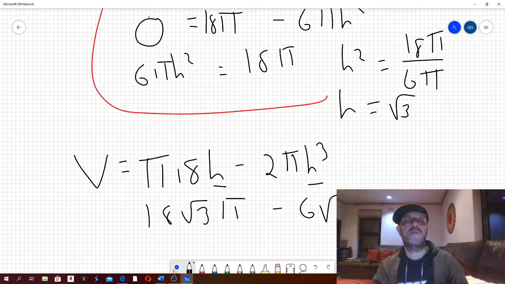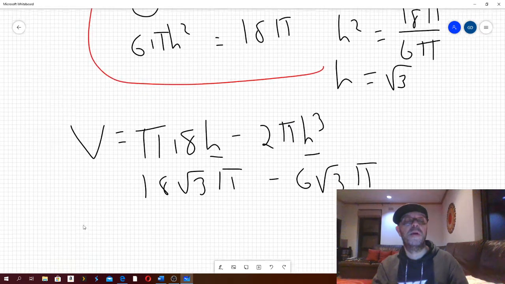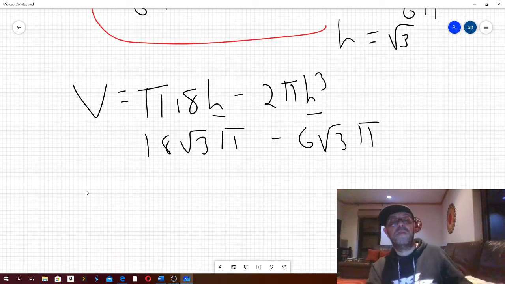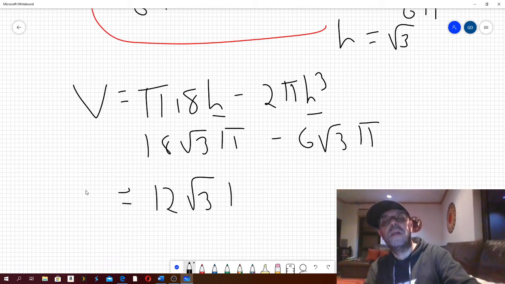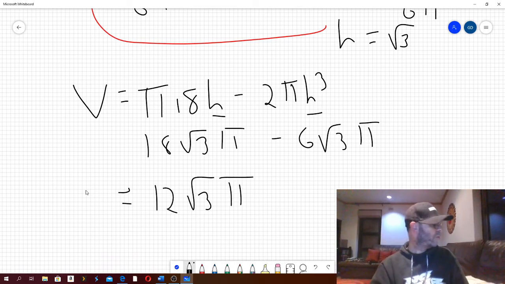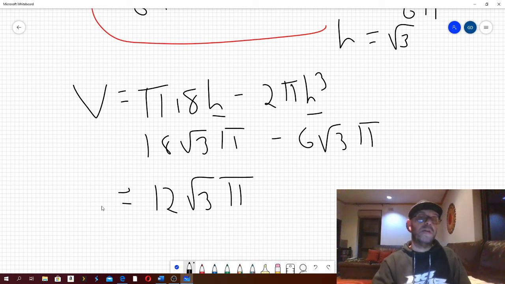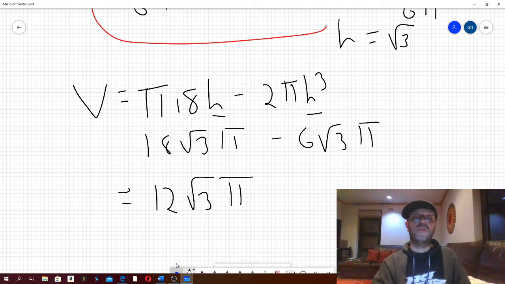Okay, so 12 root 3 pi is our volume, and there we have it. So that gives us number 3, and you can go and work that out as a decimal if you want to, but you don't need to. That should be sufficient for the answer.